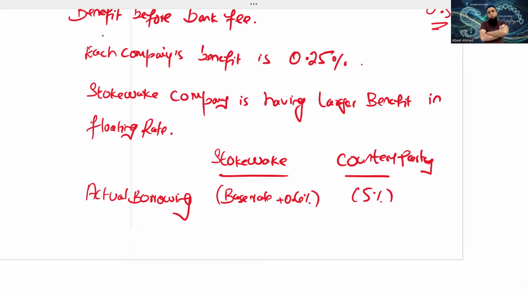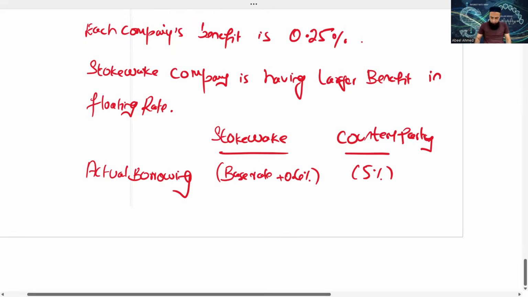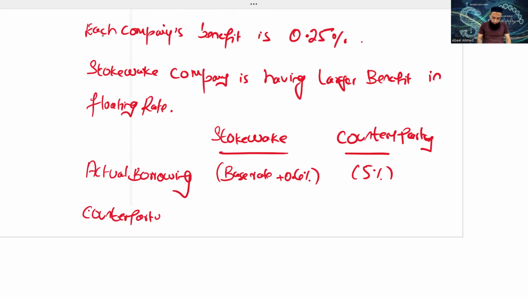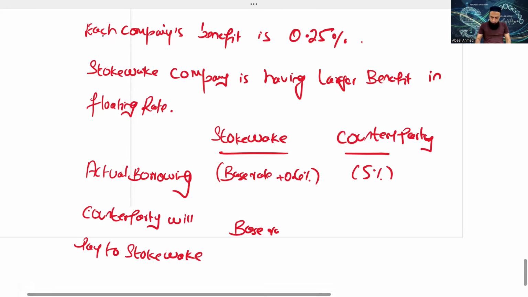Now listen, student. Step 2 is we have to make this floating rate payment 0, which means counterparty will make payment to Stoke Wake. Counterparty will pay to Stoke Wake base rate plus 0.6%.